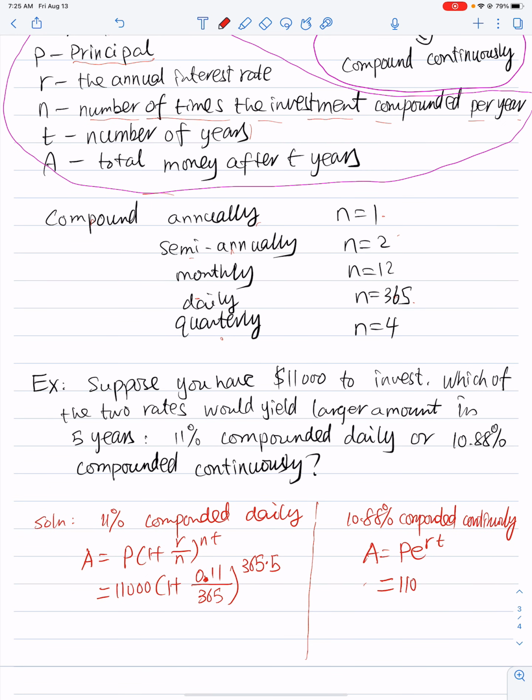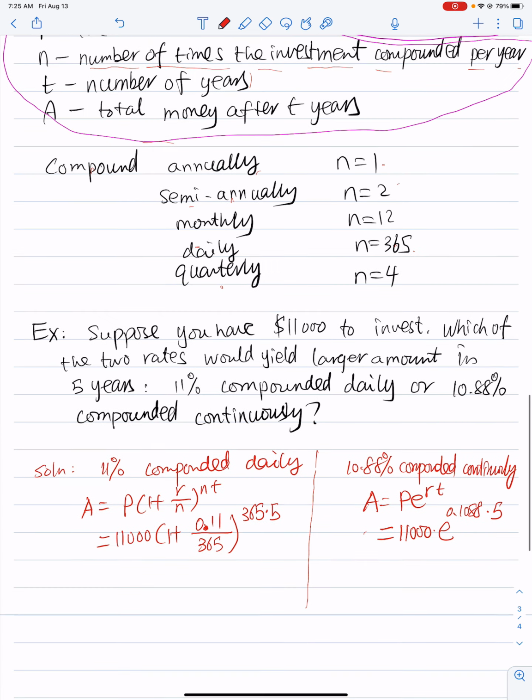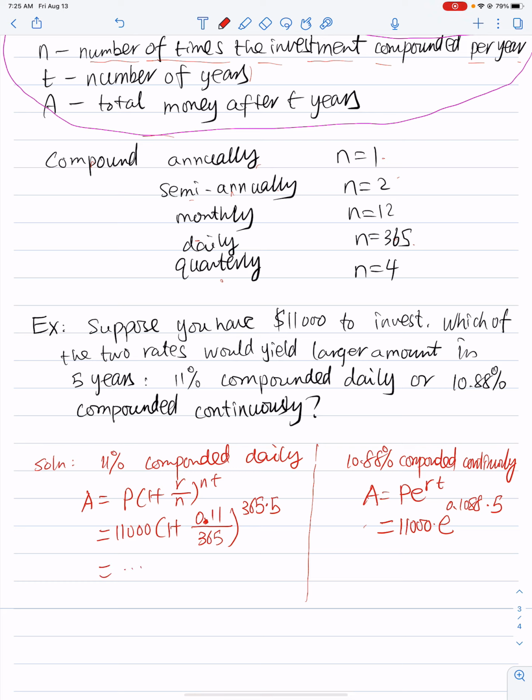A is 11,000 times e to the what? 0.1088 times 5. Okay, so when you put it in your calculator, I want you guys to practice after the video. Be careful. I would strongly recommend you put the exponential part first.